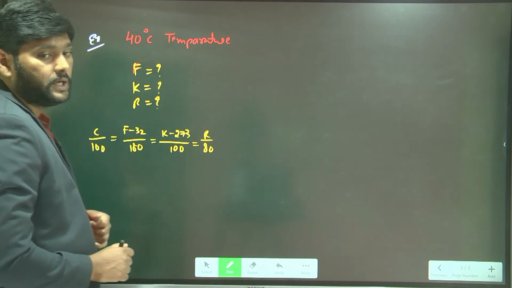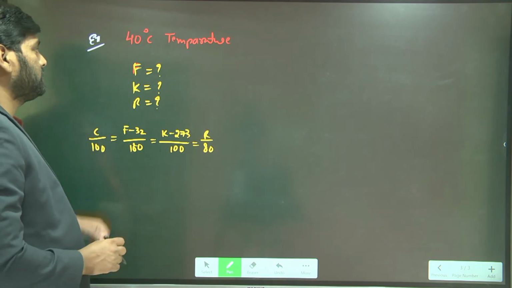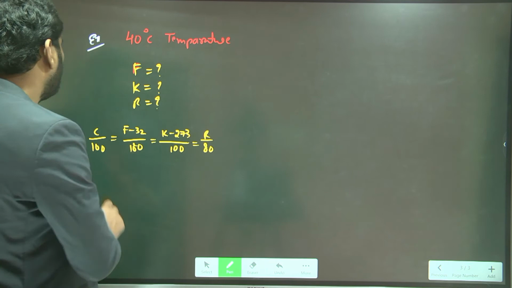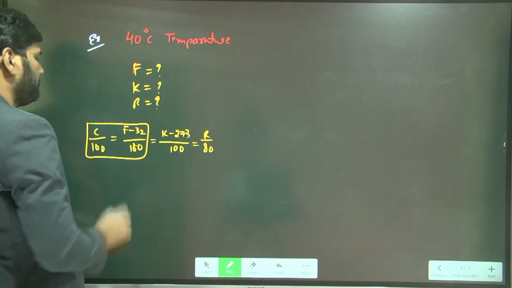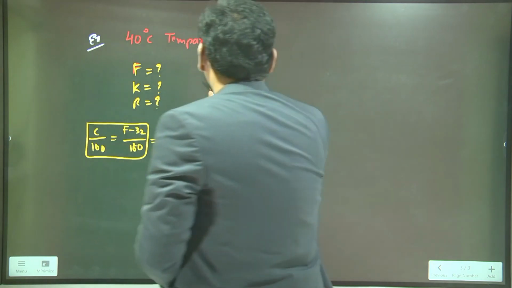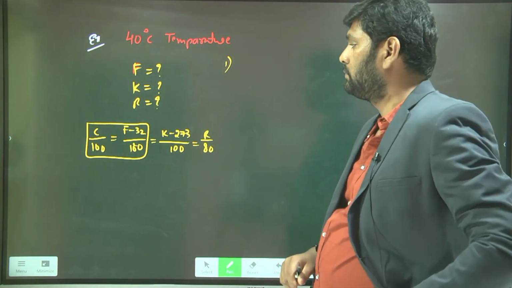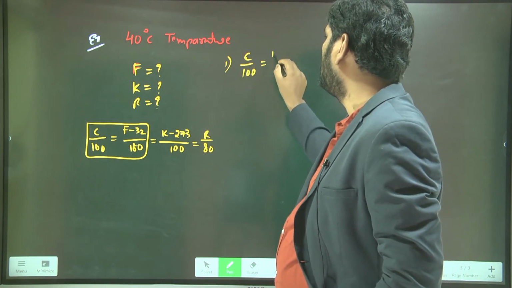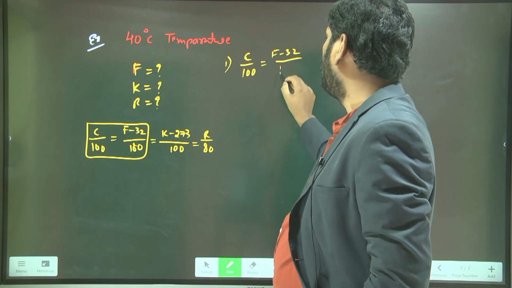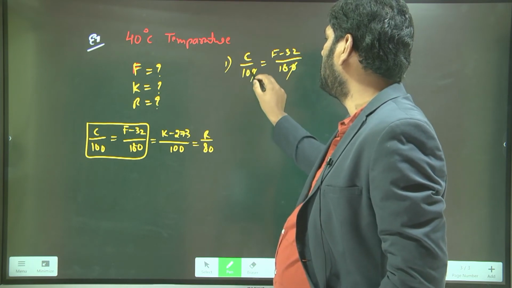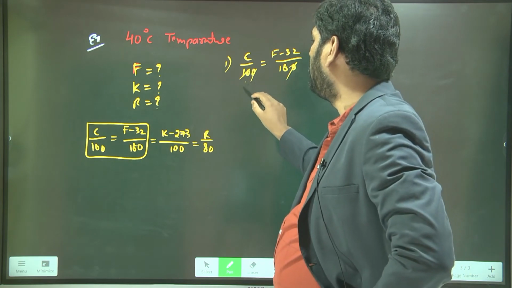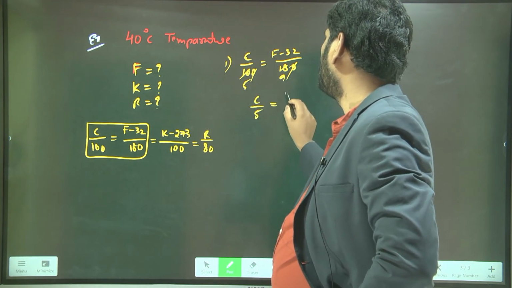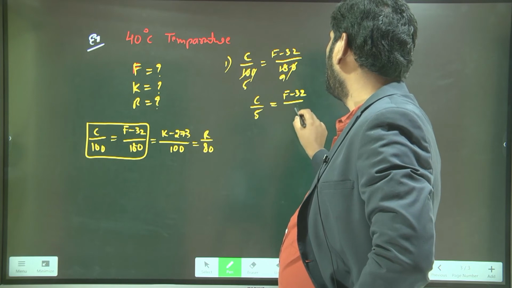First we convert 40 degrees Celsius to Fahrenheit, so use these two relations: C by 100 is equal to F minus 32 by 180. The zeros cancel, and dividing by 20, finally C by 5 is equal to F minus 32 by 9.